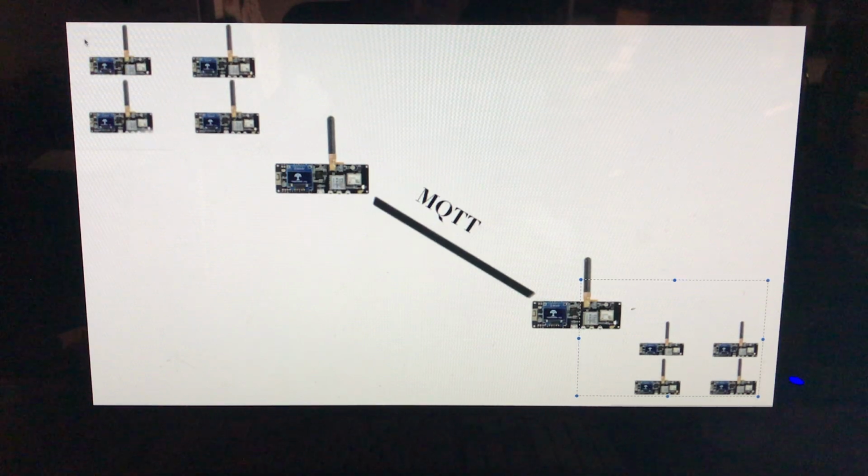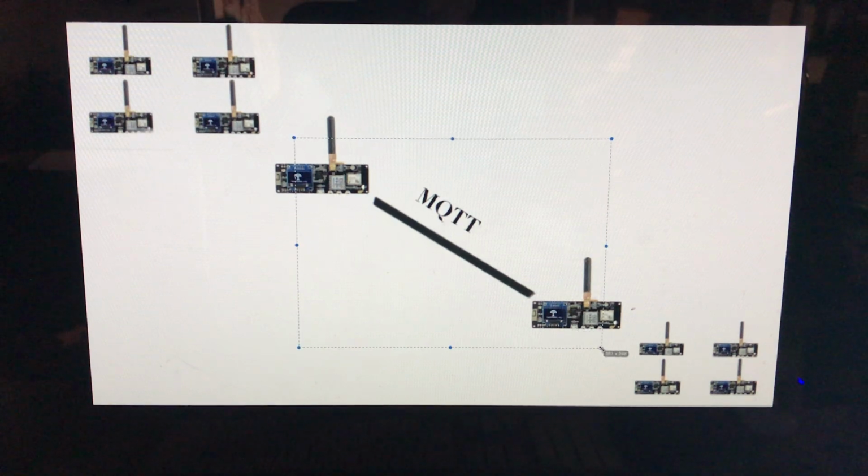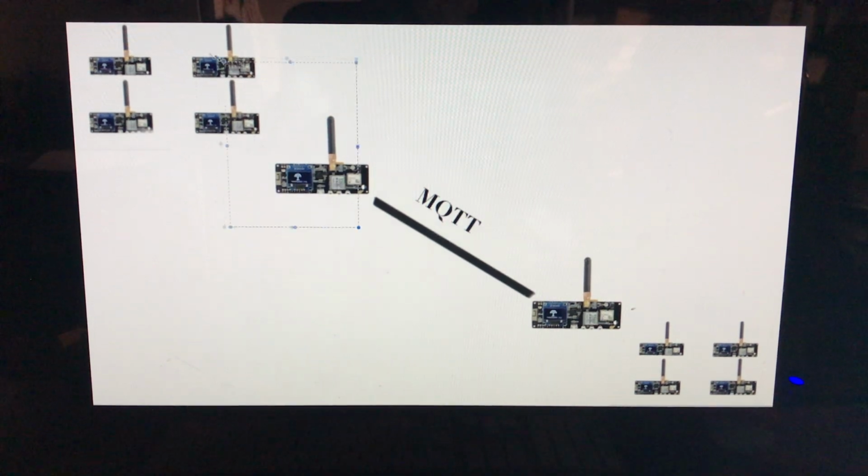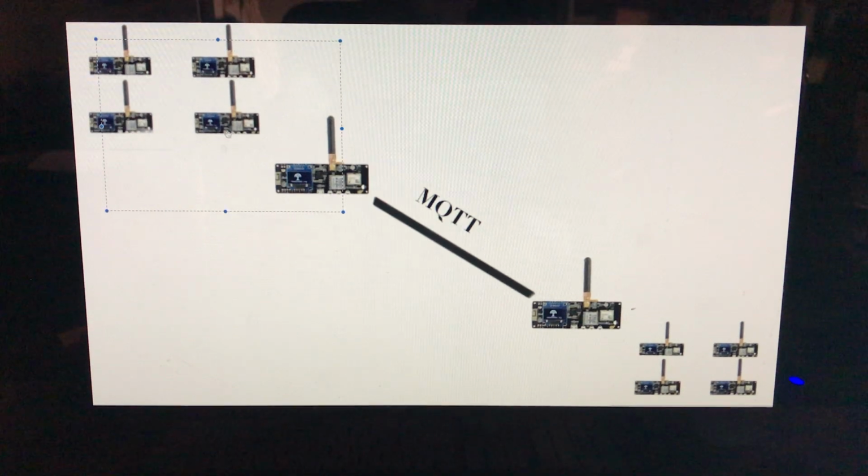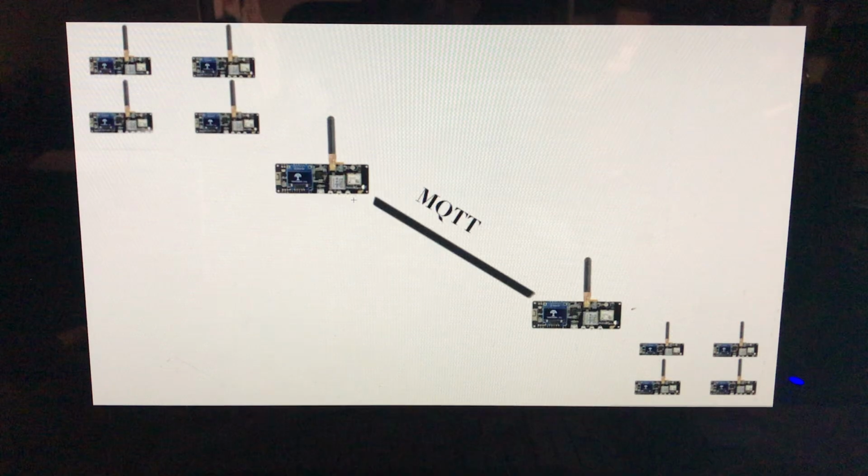Again, if we were in Northern California and we wanted to get to Southern California, connected via an MQTT broker with two gateway nodes, this gateway node belongs to this mesh, this gateway node belongs to this mesh. They are both zero hop mesh networks. This would only take one hop.